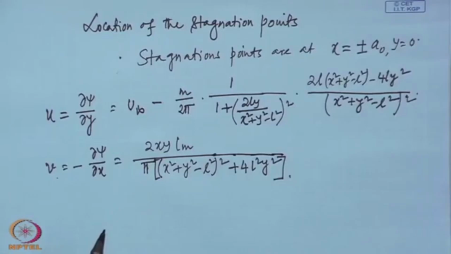V is 0 at all point on the x axis. So, to find the stagnation point, finding v was not necessary, we could have straightway said that the v will be 0 on the x axis, at all point on the x axis. Then at the stagnation point, that is when x is plus minus a 0, u is 0. So, find out what is this.